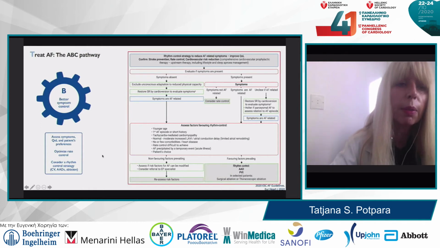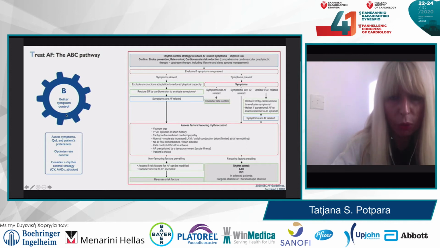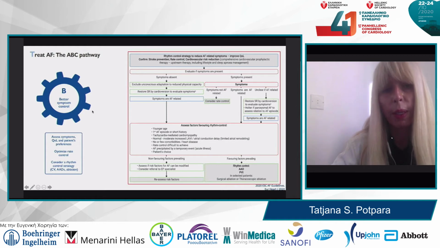The next pillar of the ABC pathway is B, for better symptom control. Just to briefly summarize the strategies, optimization of rate control is essential in all patients with atrial fibrillation.